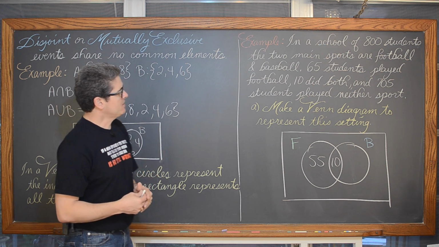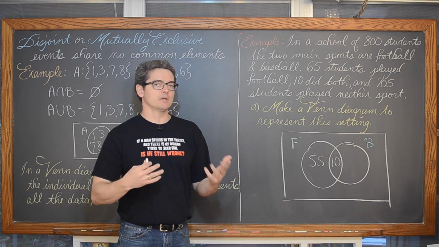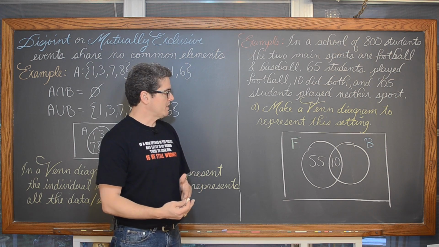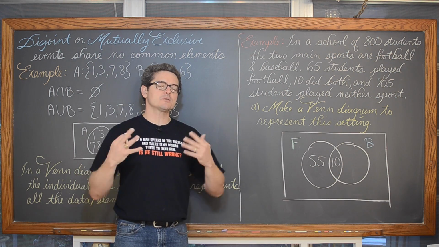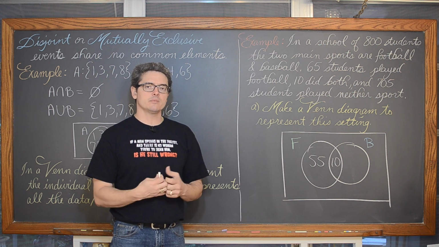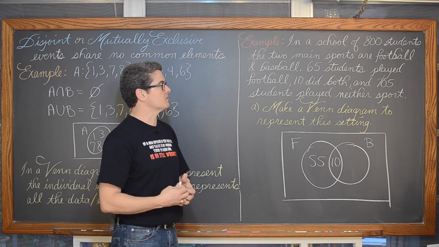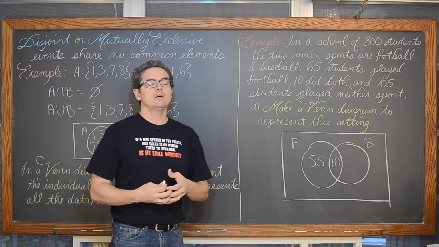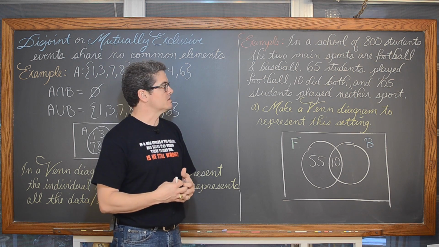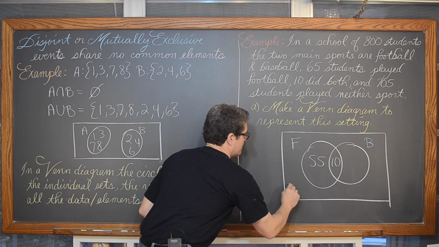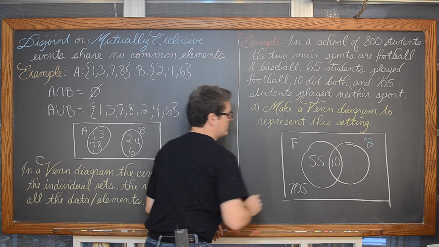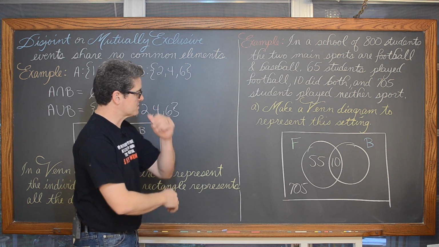You have 705 students that don't play either one of these sports, and this is where I want to keep emphasizing that in a Venn diagram, the rectangle represents all of the data or all of the elements that could be possible in your particular setting. And our setting here is the 800 students that attend the school. So out here, we're going to have 705 students that don't play either one of these sports.